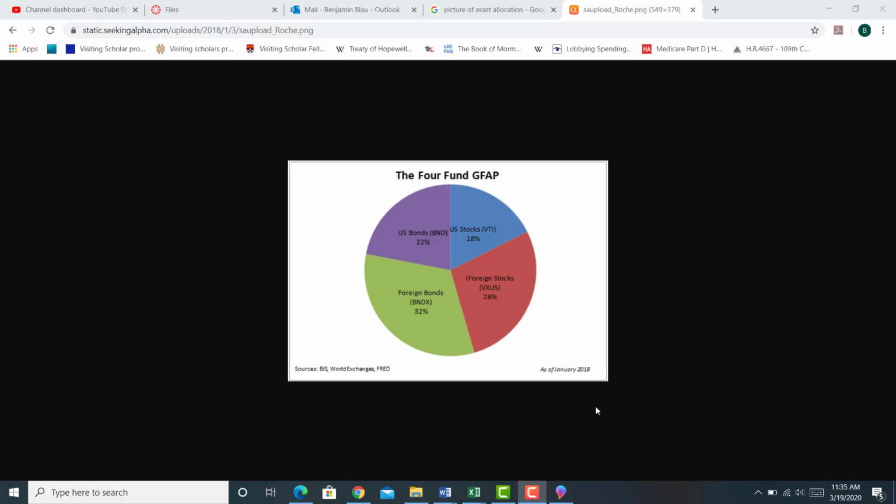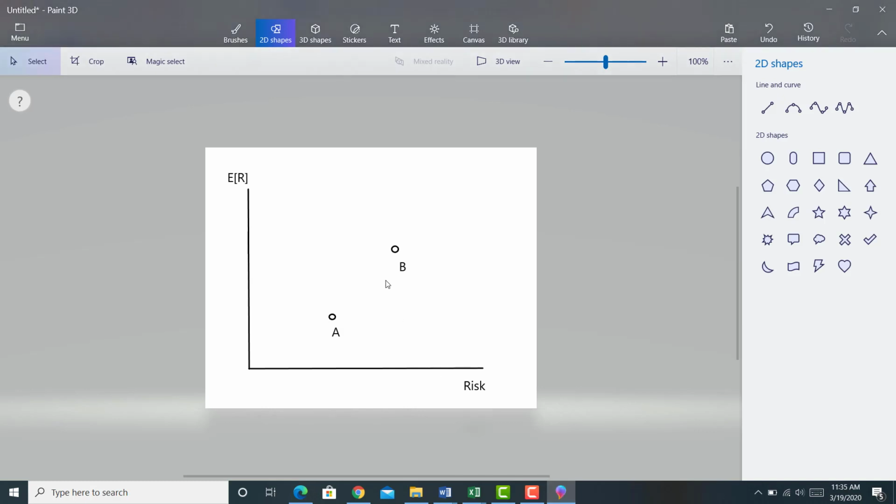All right. This is similar to a previous video that we've been discussing. Suppose you have two assets that you want to put into your portfolio. You have asset A and asset B. Asset A has this much risk and this much return. Asset B has this much risk and this much return. This is what you expect, of course.